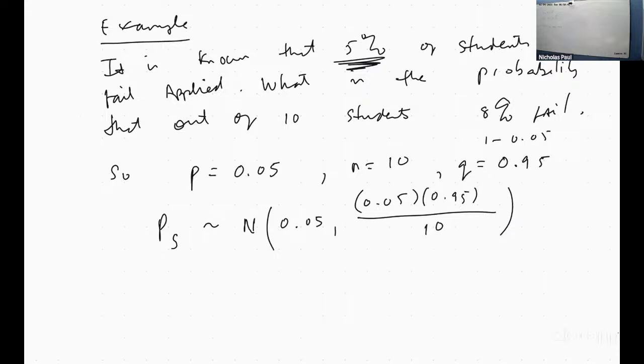So P_S follows a normal with mean 0.05 and variance 0.05 by 0.95 over 100, which is around 0.0005. So that's what the distribution will look like.